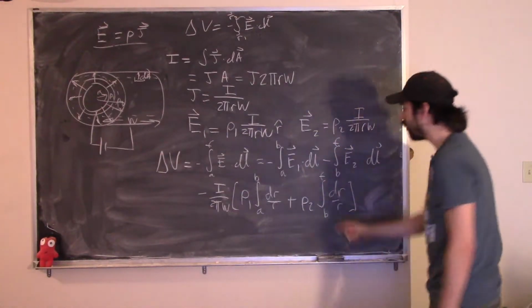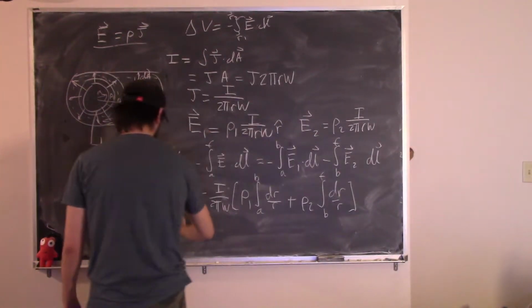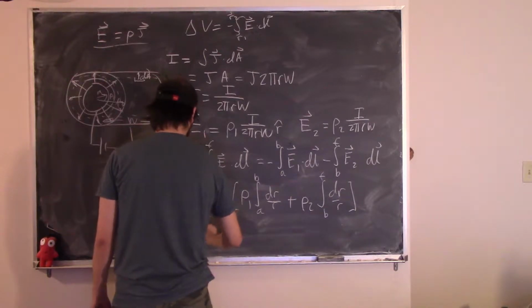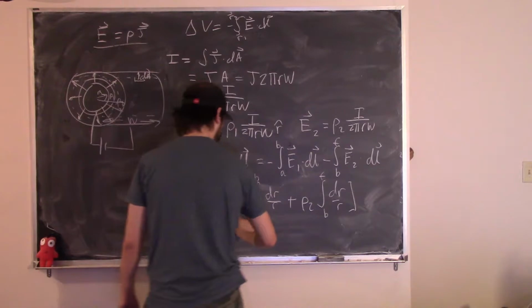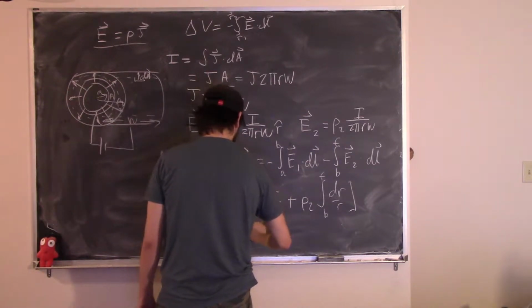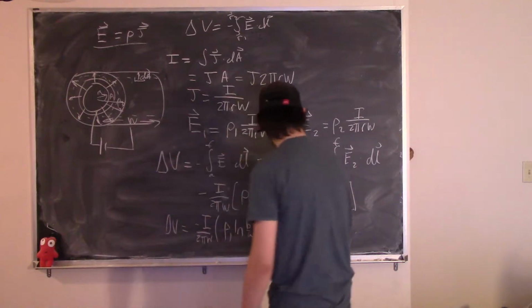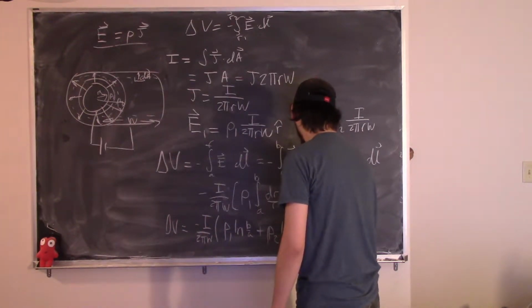Okay. So when I evaluate these two integrals, what I'm going to end up seeing is that delta V is going to be equal to minus I divided by 2 pi W times rho 1 times the natural log of B divided by A plus rho 2 times the natural log of F divided by B.